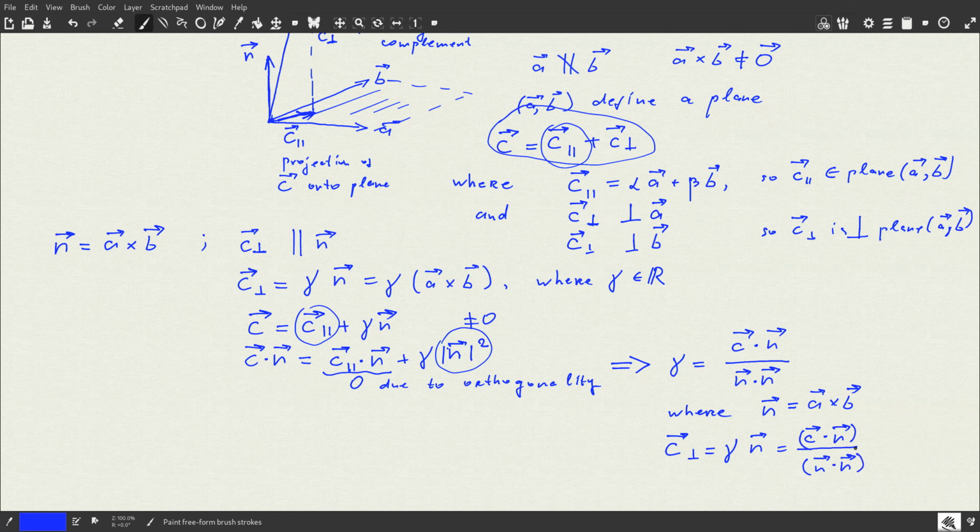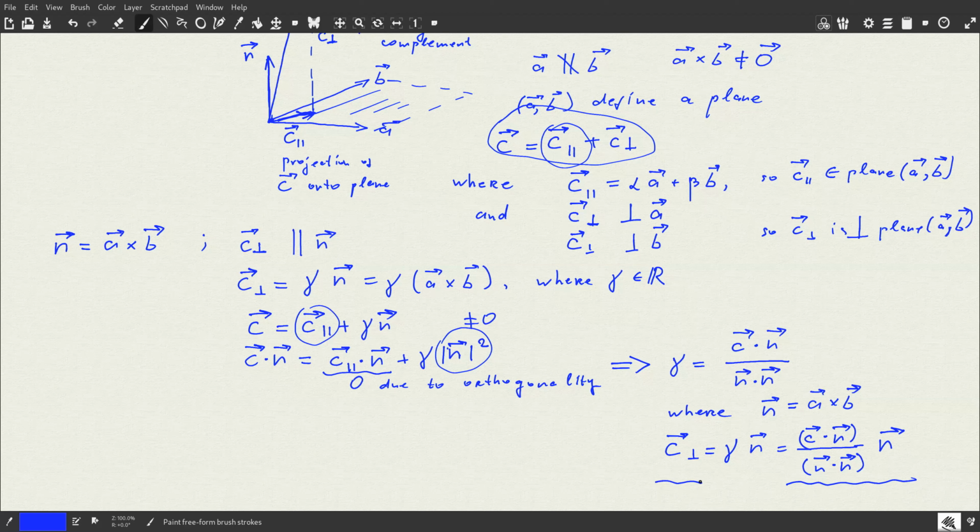Both the numerator and denominator are just numbers, and now multiplied by the vector n. Okay? So we now got the orthogonal projection, I mean, the orthogonal component, the orthogonal complement.